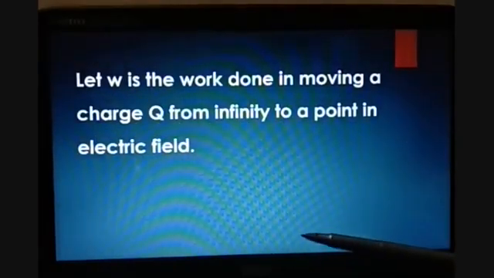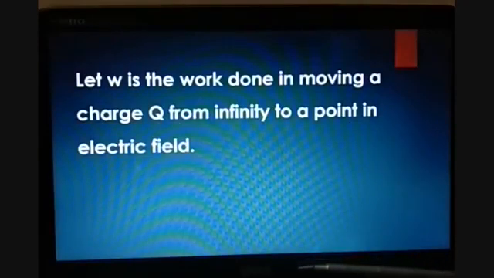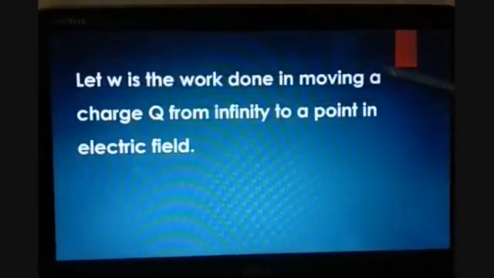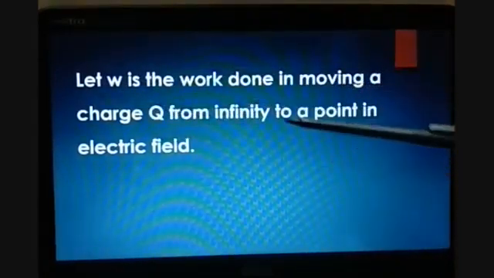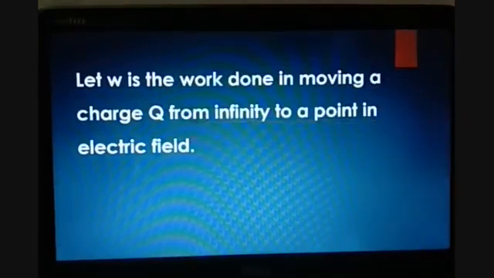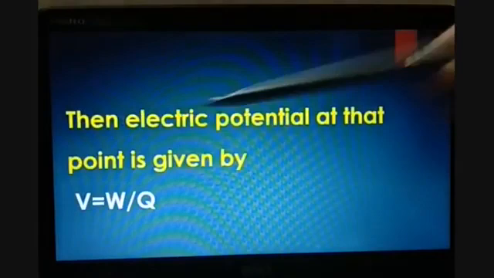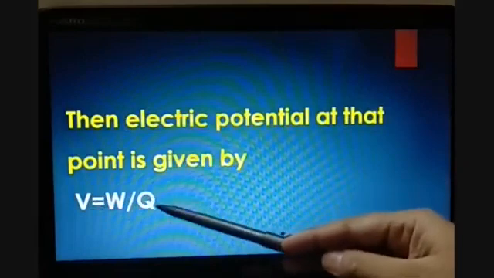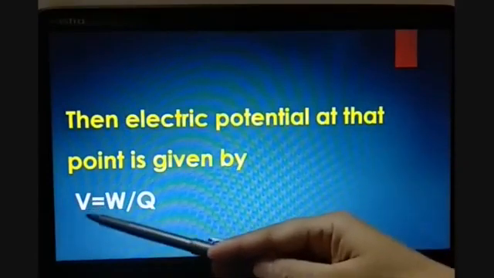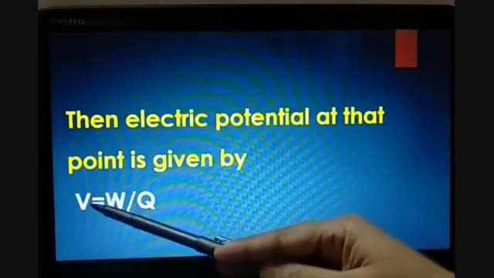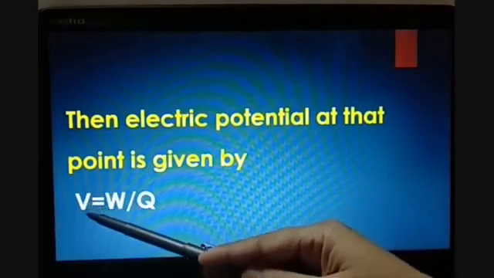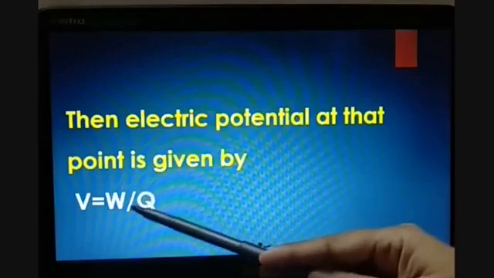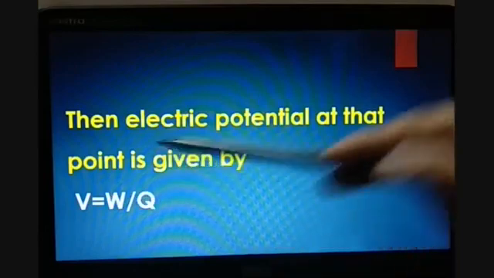If W is the work done in moving a charge Q from infinity to a point in the electric field of another charged body, then electric potential at that point is given by V is equal to W upon Q, where V is the electric potential, W is the electrical work done and Q is the electric charge.